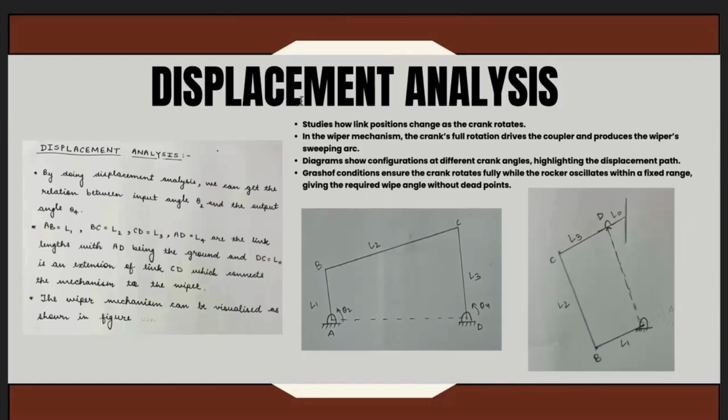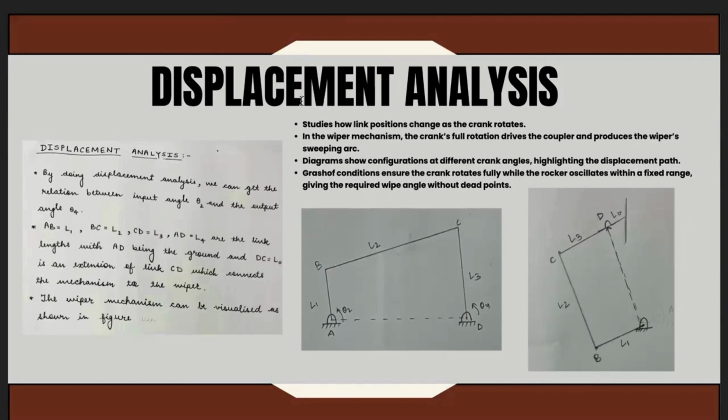Now with respect to A, we can find the coordinates of point B and C, and we can see the coordinates of B are L2 cos theta 2, L2 sin theta 2, and the coordinates of C are L1 plus L4 cos theta 4, L4 sin theta 4.